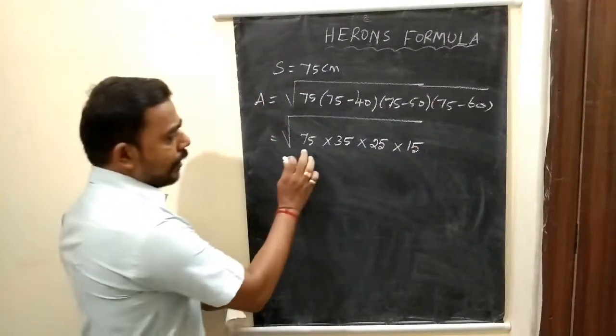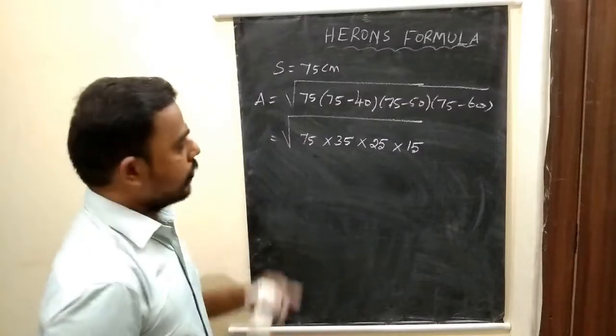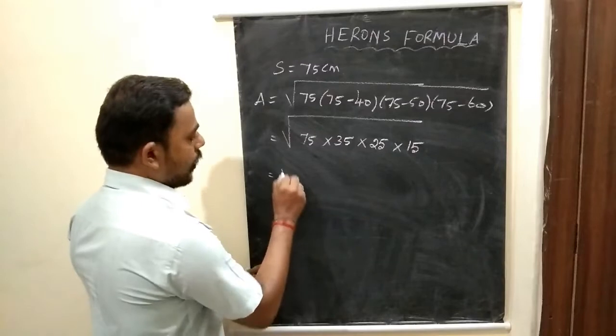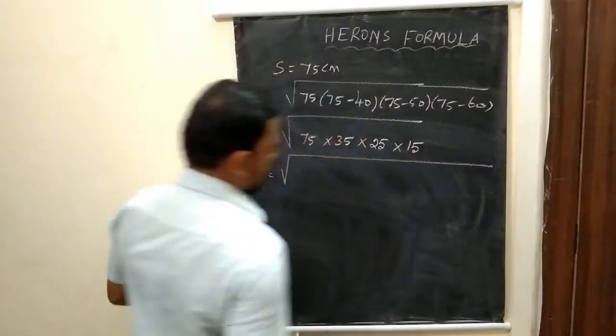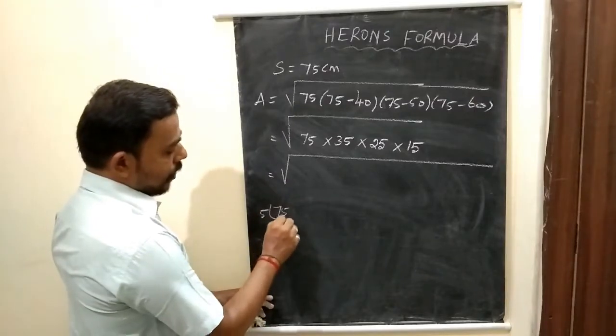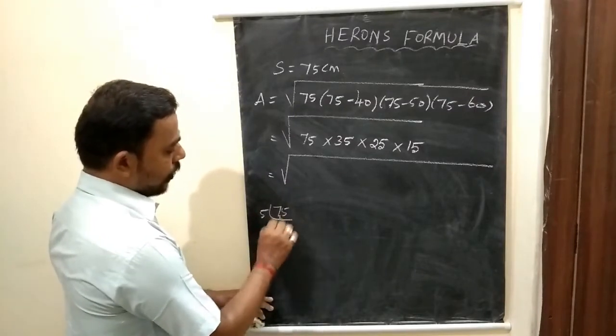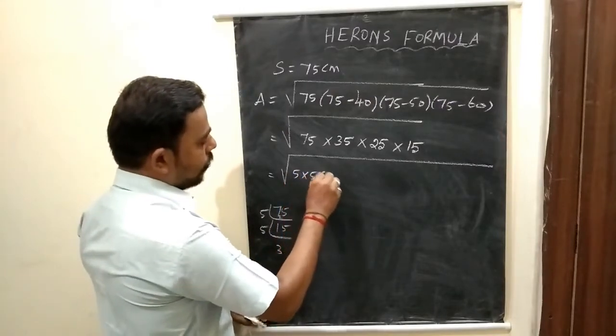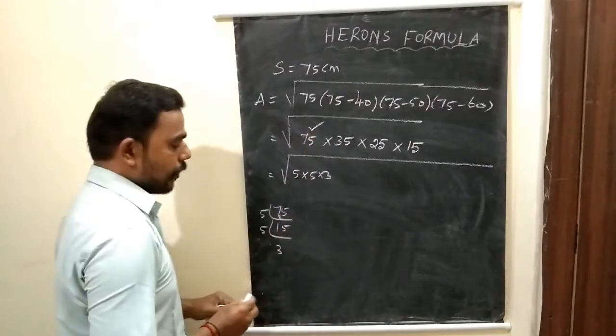Now find the prime factorization of 75, 35, 25 and 15. For 75, prime factorization: 5, 15, so 5 into 3 for this 15, 75 over.